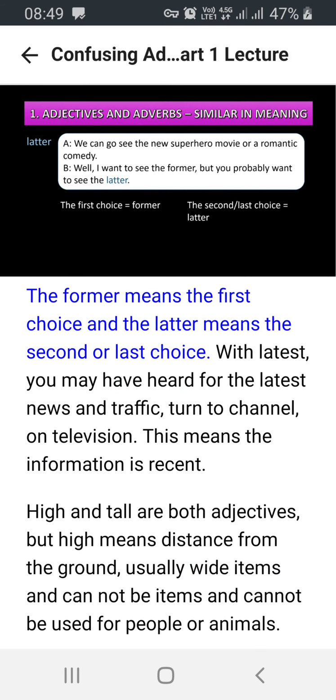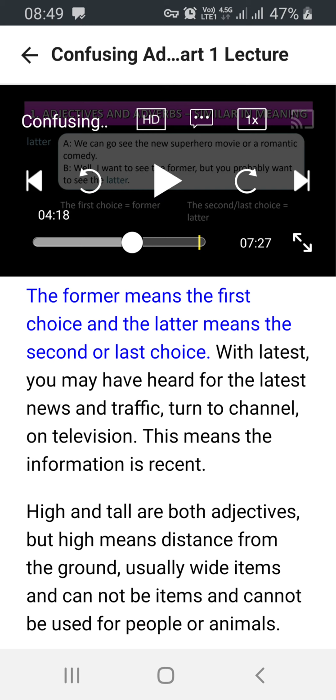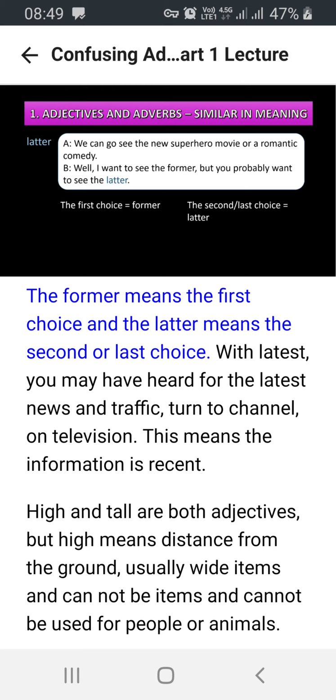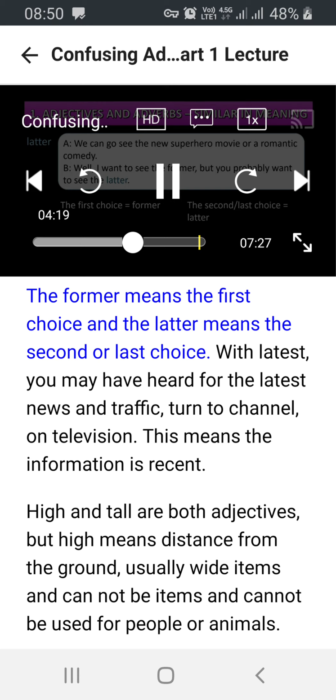The former means the first choice, and the latter means the second or last choice.